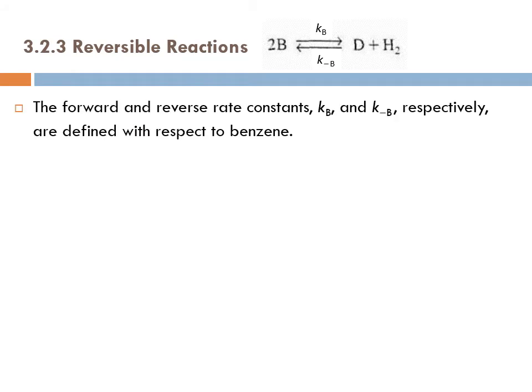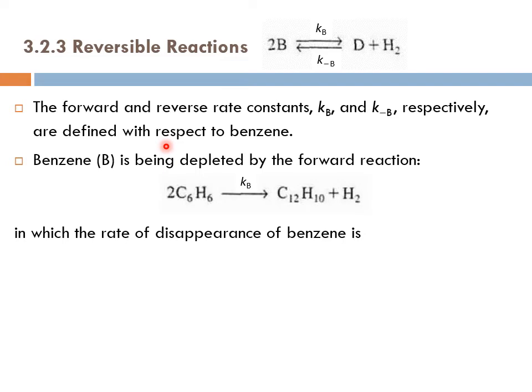As we mentioned earlier, the forward and reverse rate constants k_B and k_-B respectively are defined with respect to benzene. Benzene B is being depleted, consumed by the forward reaction, as you can see.